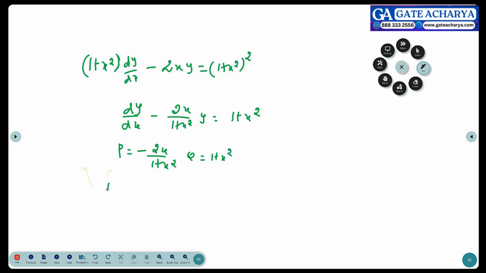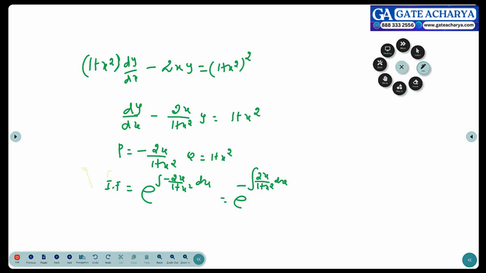So you find the integrating factor. Integrating factor is e power integral p dx, so minus 2x by 1 plus x square into dx. That is e power minus of integral 2x by 1 plus x square into dx. What is this integral value? Log of 1 plus x square. Why?